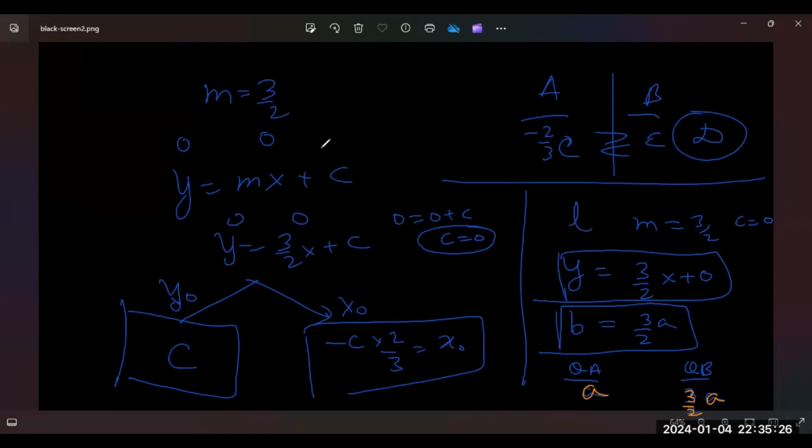Are you sure? 3 by 2 A is 1.5 A. What if A is a negative number? That's also a point. We always go by the assumption that A could be positive, but since we don't know, A comma B is a point, so you can have a positive value, negative, 0, anything. Hence, we cannot determine again.